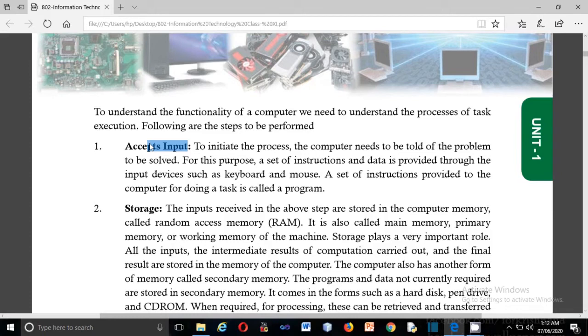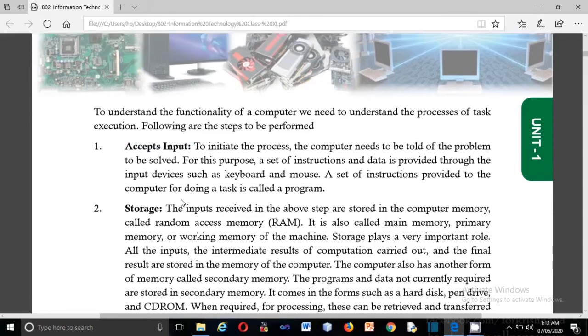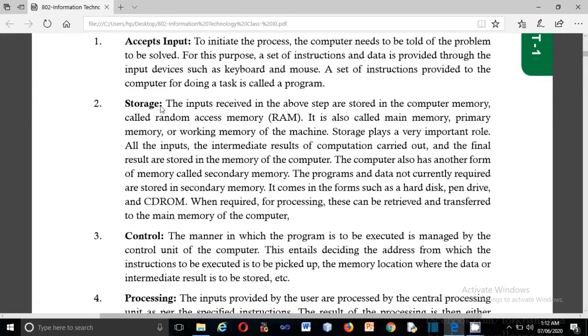After that, the instructions which I have given to the computer, that input accepted by the computer, is coming into the storage, which is our second point. The task which I have given to the computer with the help of input is now in the storage.